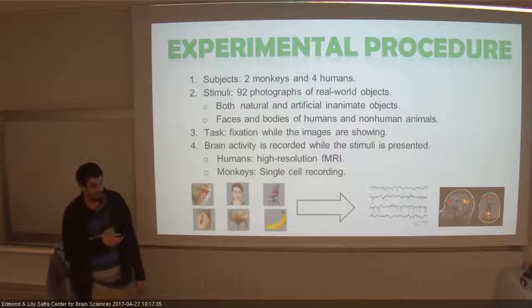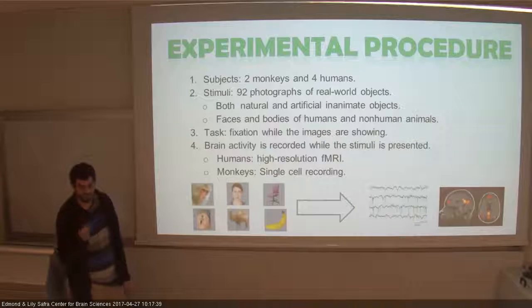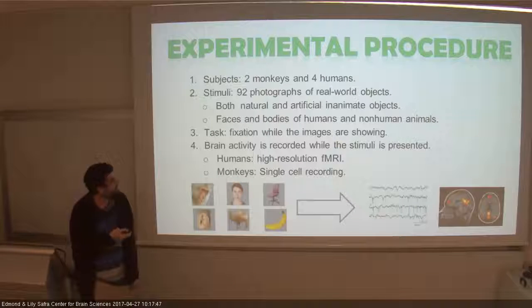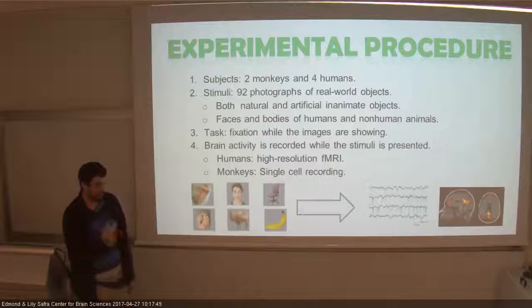The task was just a simple fixation task, and the images just flash in your background while you're doing the fixating task, and they record the activity in the IT in monkeys using single cell recording, and in humans using fMRI.